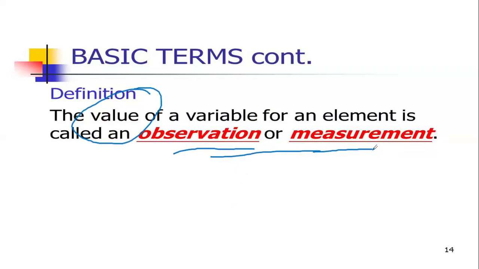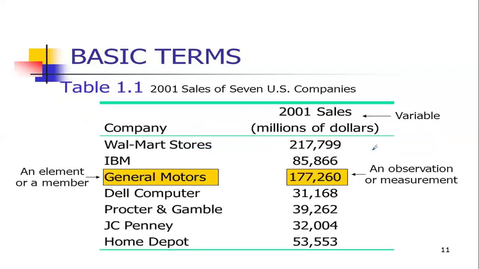So for example, in this table that I have here, I have a company, and then I have how much their sales are. Here I have how much sales they made after selling their merchandise.